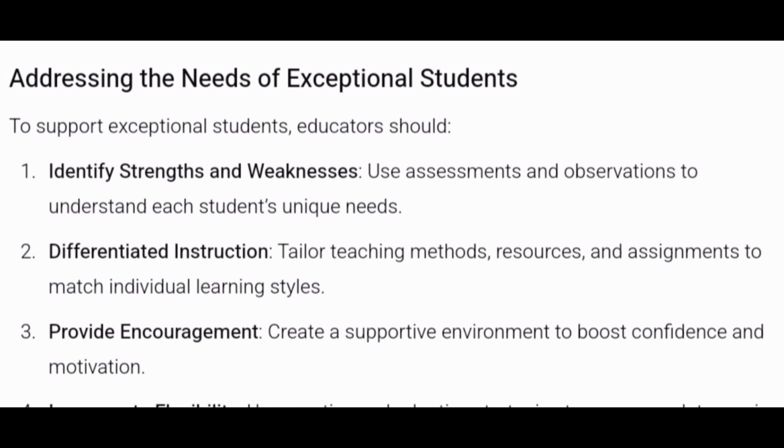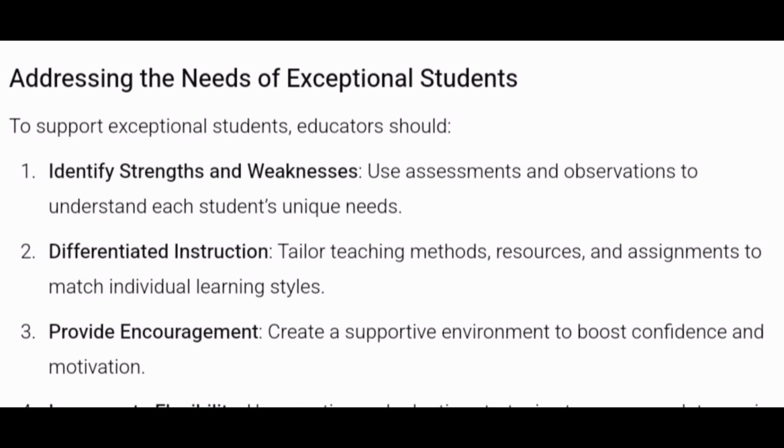Identify strengths and weaknesses, use assessment and observation to understand each student's unique needs. So as teachers we have to identify first who is a fast learner, who is a slow learner, who is an underachiever, or who is a creative learner. So we have to give them a certain type of test or assessment, and only then will we come to know their problems, right?